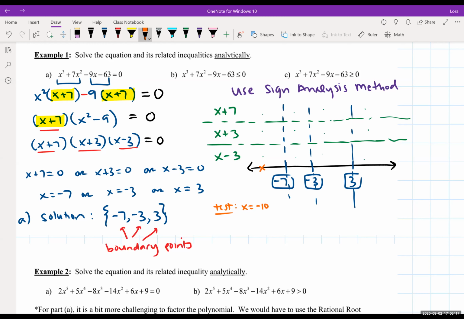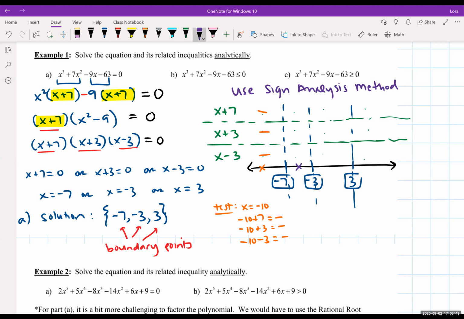I'm just plugging it into negative 10 plus 7 and understanding that I'm getting a negative answer, and that's where I'm plotting the sign. Negative 10 plus 3, still getting a negative answer, I'm plotting that sign. And negative 10 minus 3, still getting a negative answer, and I'm plotting that sign. So you can continue to show the work if you need to, and sometimes it's helpful with some of the negative answers. So we'll go that route.